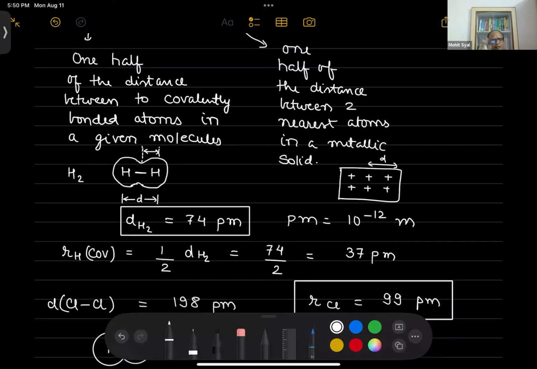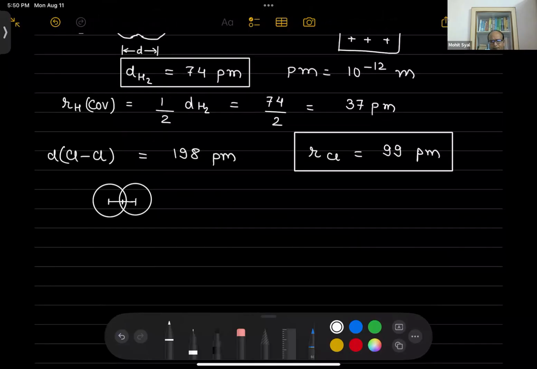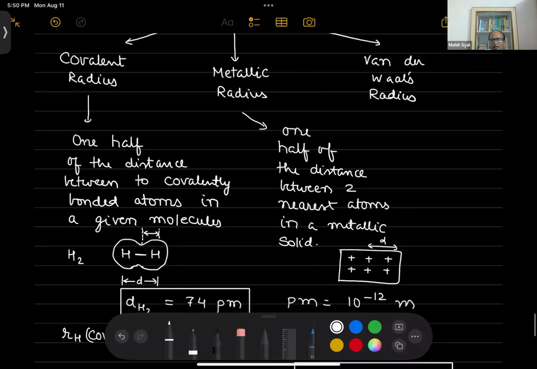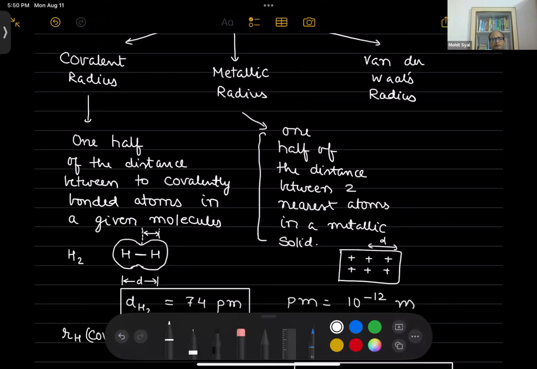But if you take the same element and measure the covalent radius and the metallic radius, the covalent radius will be shorter than the metallic radius. So Nabila, is the definition clear? Yes. So you take half of the distance, right? I hope this is clear to you.